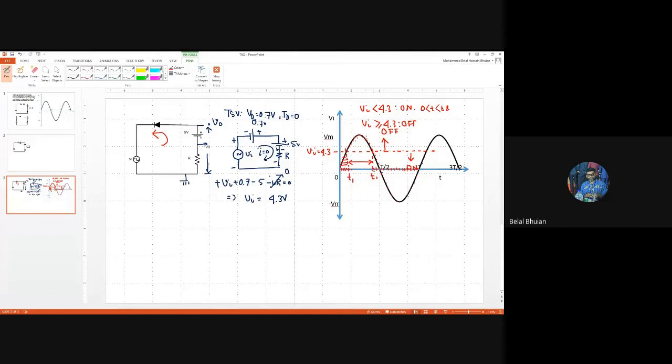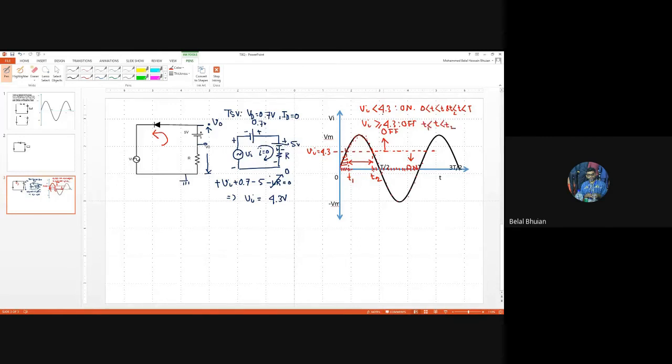So I can write T1 to capital T, where T is greater than T2. This is our T2, less than the capital T. However, for T1 and T2, all the value of signal is above this transition state voltage line. So that is greater than T1 and less than T2.